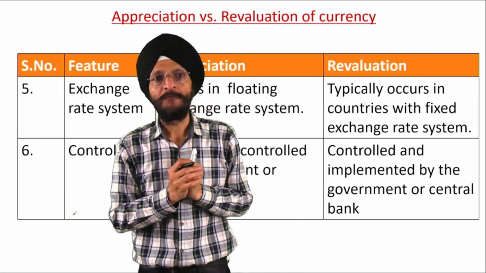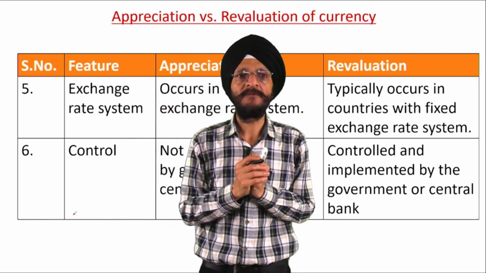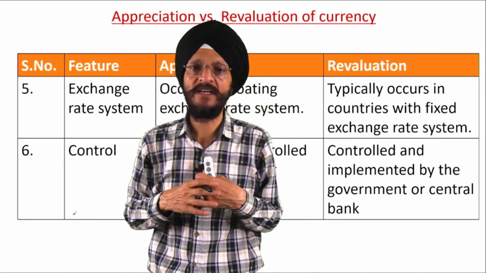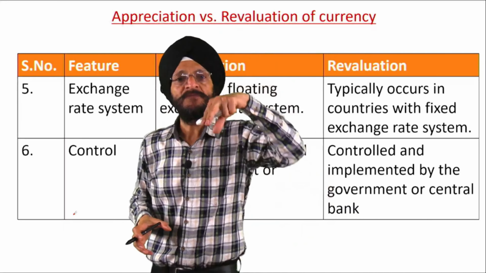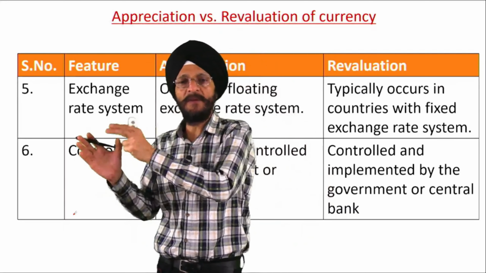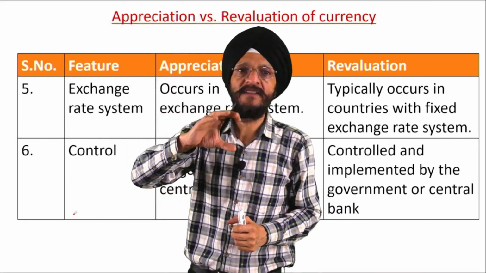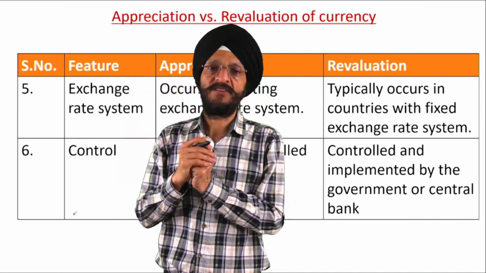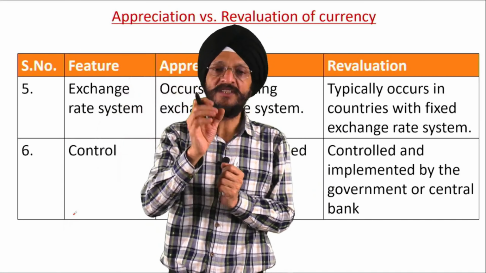Next is control. In the case of currency appreciation, it is not directly controlled by the government or the central bank of the country, because the market forces of demand and supply mostly decide the currency appreciation. How much increase should there be?